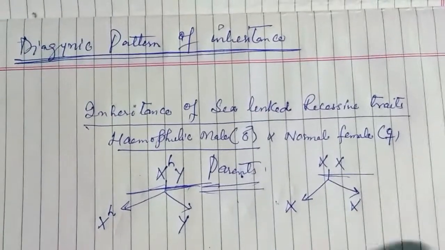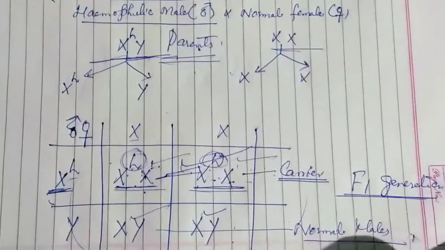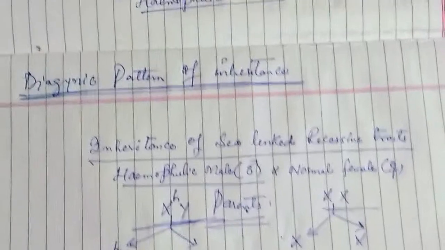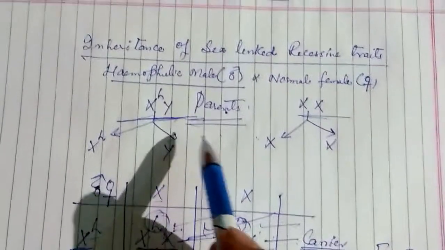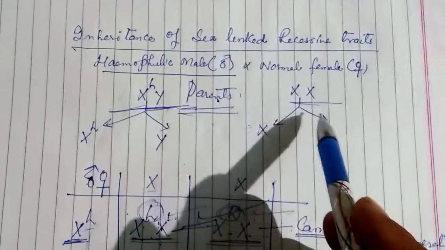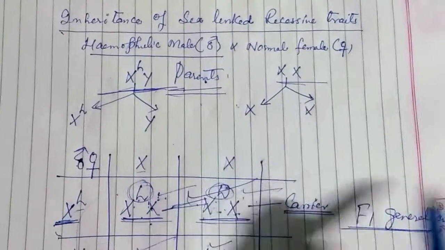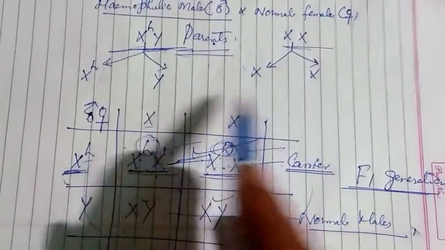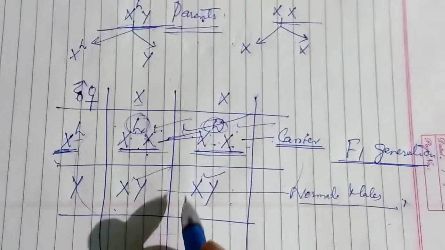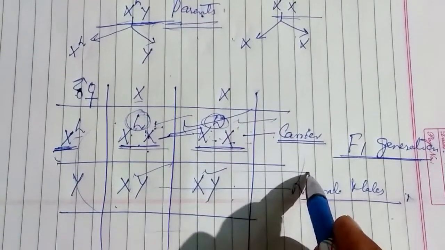Now, I may ask you something more about this. Sometimes you are asked about the ratios. For example, take the example over here. A hemophilic male marries a normal female. The question may be, if a hemophilic male marries a normal female, what would be the ratio of the carrier individuals to the normal individuals?